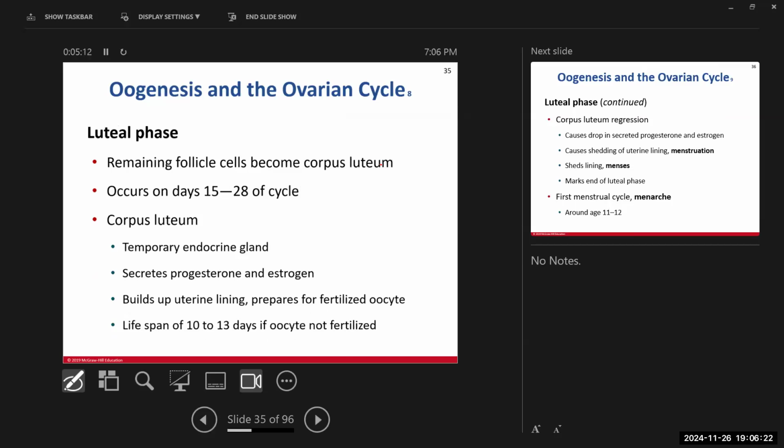Well, when you say PMS, I understand what it represents, but are you talking about physical, emotional, psychological responses? Wait, are you saying before ovulation or before menstruation? Okay.